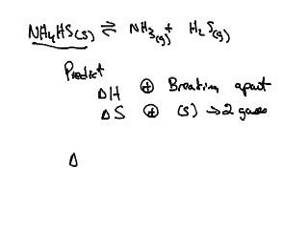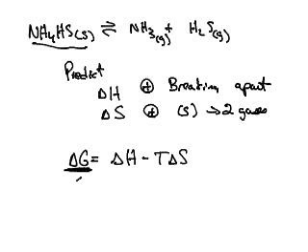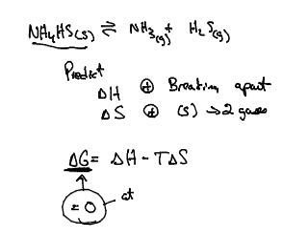Because if you use the equation delta G equals delta H minus T delta S, what will be true when delta G is equal to 0? We would say that's a position at equilibrium, right?